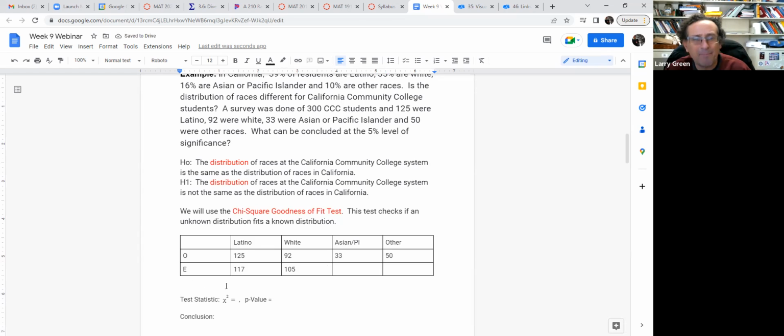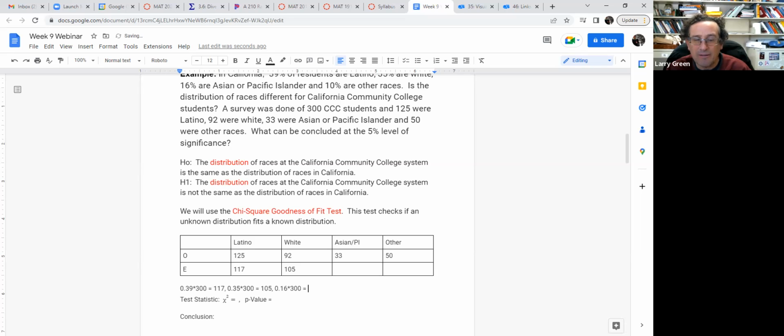So notice that 0.39 times 300 was equal to 117. And then we had 0.35 times 300 was equal to 105. And then we're going to do the same thing with the Asian Pacific Islanders. We're going to have 16%, so 0.16 times 300.